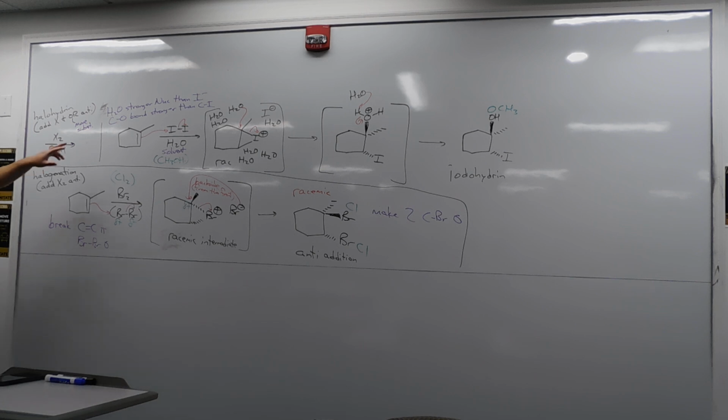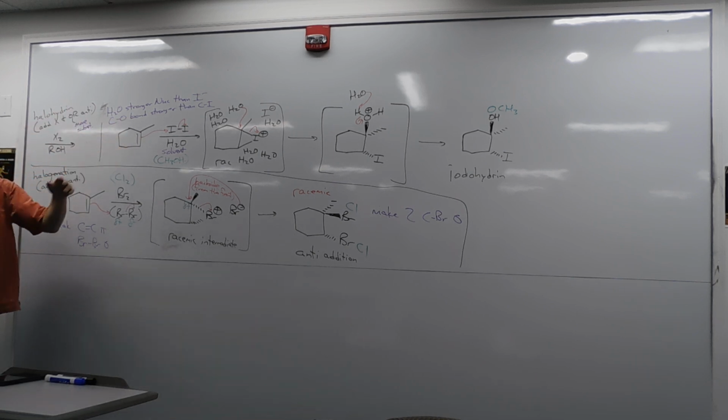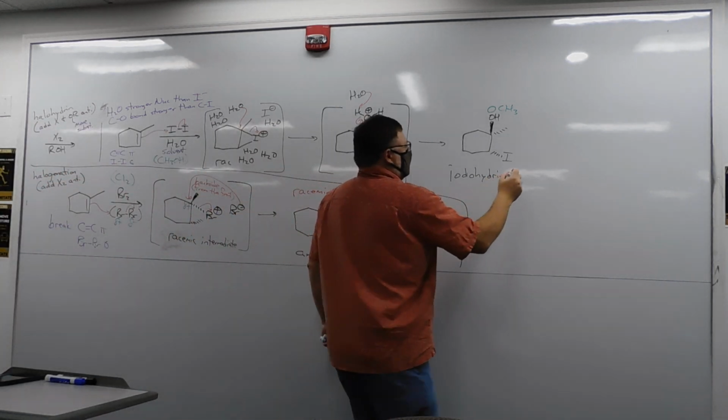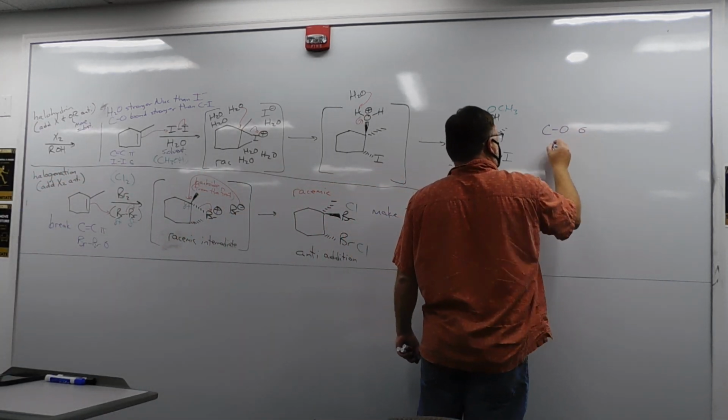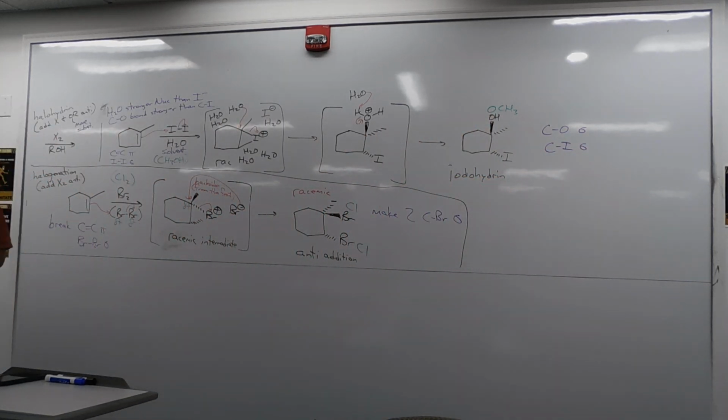Now this other statement about the CO bond being stronger than the CI: this reaction does go to completion. So down here, same thing, we're going to break a carbon-carbon pi. We're going to break a bromine, or up here, an iodide. I guess I'll go ahead and write it. So we're breaking a carbon-carbon pi and an I-I sigma. And we're making a CO sigma and a CI sigma. That CI bond is still weak, right? Carbon iodide bond is still pretty weak.